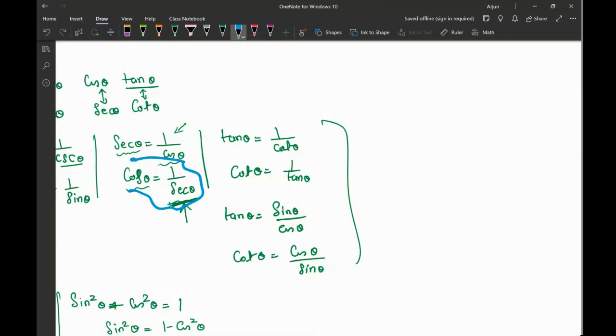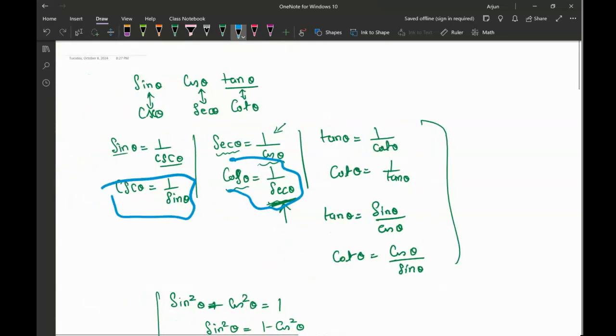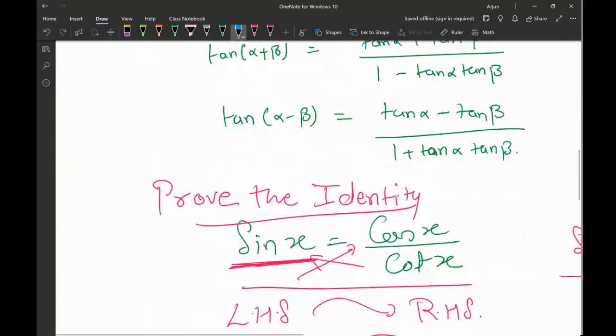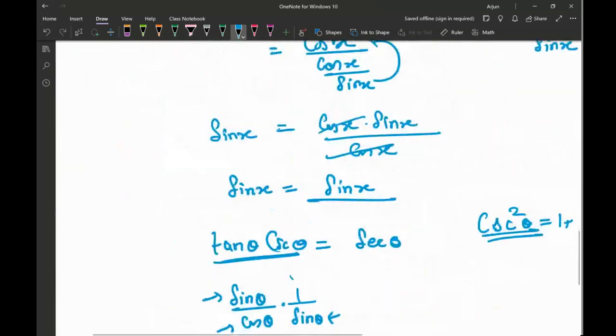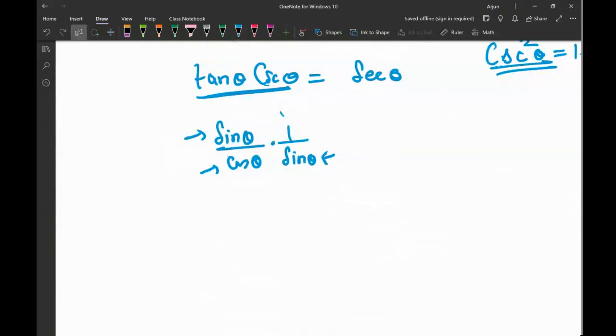Cosecant is 1 upon sine theta. So hopefully you understand why I'm using the specific identity. It's not just randomly selecting any. So 1 upon cos theta is equal to secant theta. So hence I proved the left hand side equal to the right hand side.